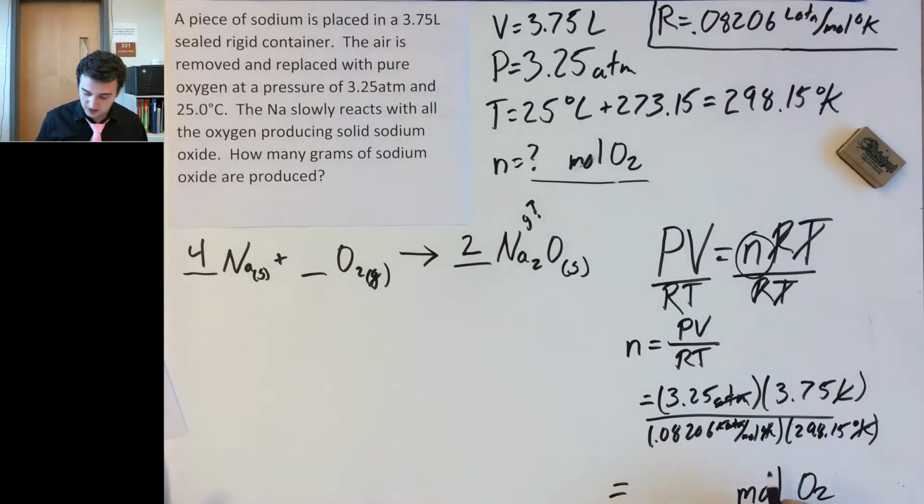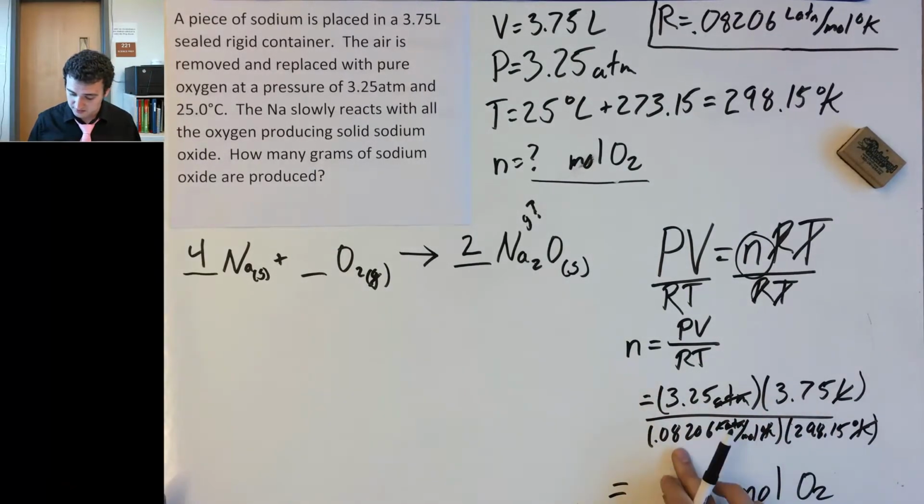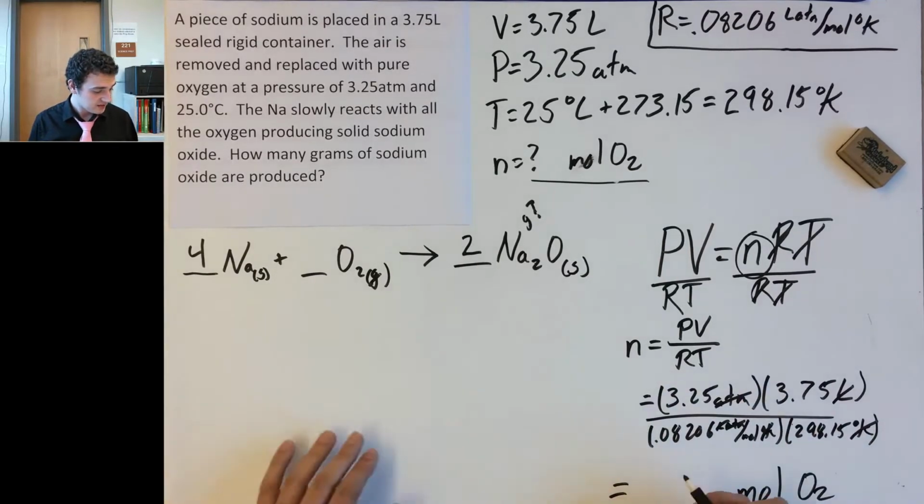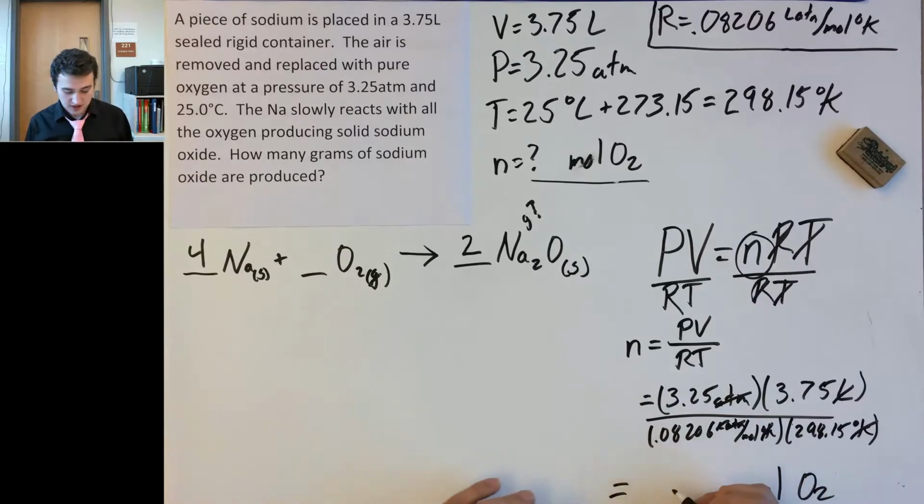So when I go ahead and plug it in, I do 3.25 times 3.75 divided by 0.08206 divided by 298.15, and I end up getting a number 0.498.